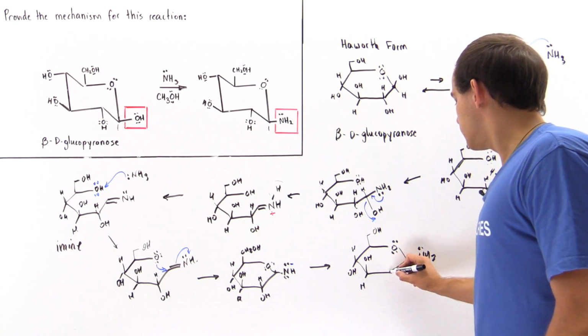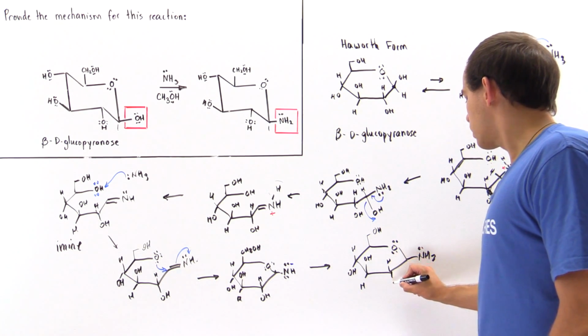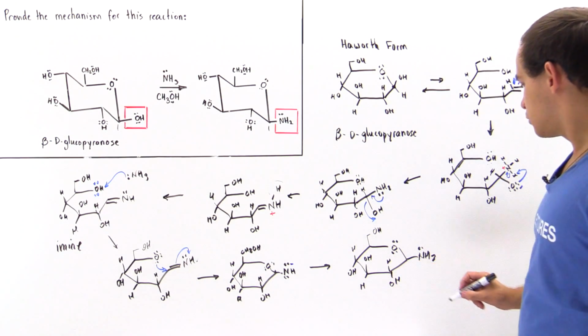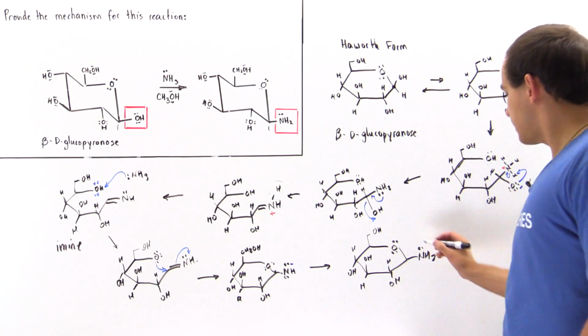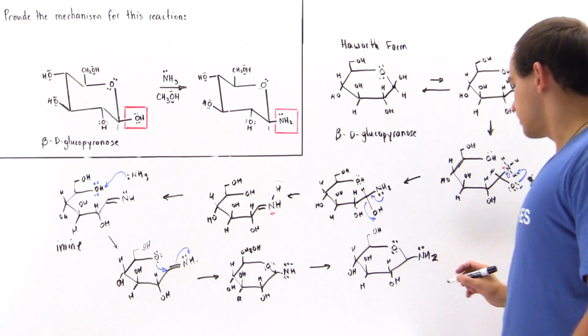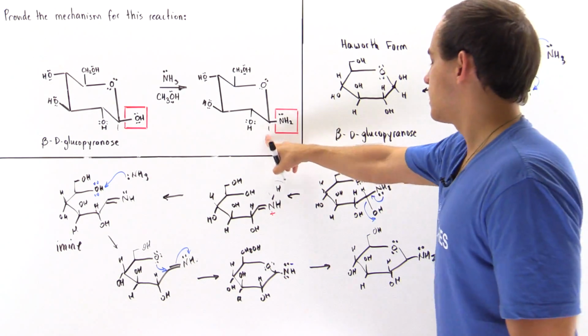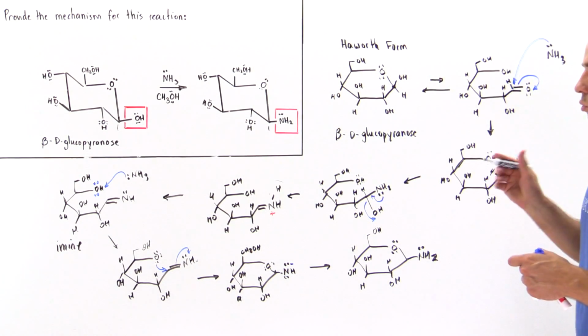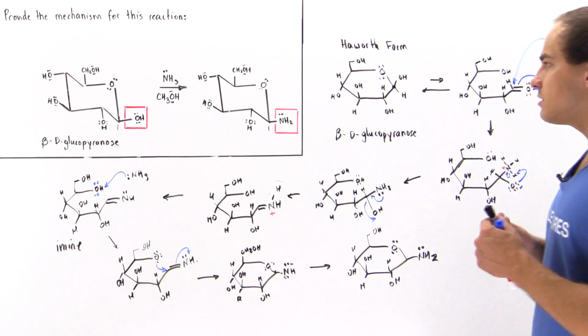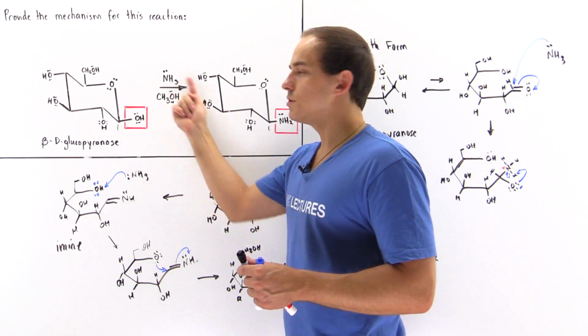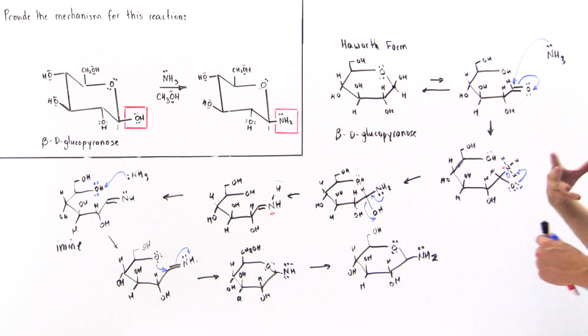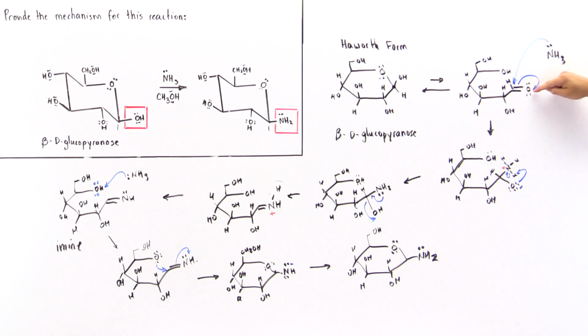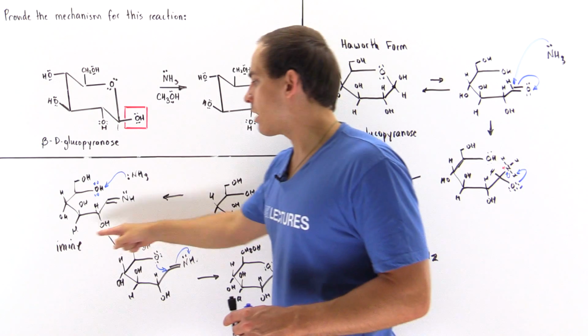But if you'd like, you can convert this Haworth into the chair conformation, and you get the exact same picture as here. So this is this molecule here. So this is the reaction mechanism. The most important part to see is that because we're under basic conditions, the first step cannot be the protonation of this oxygen to go on and form our imine.